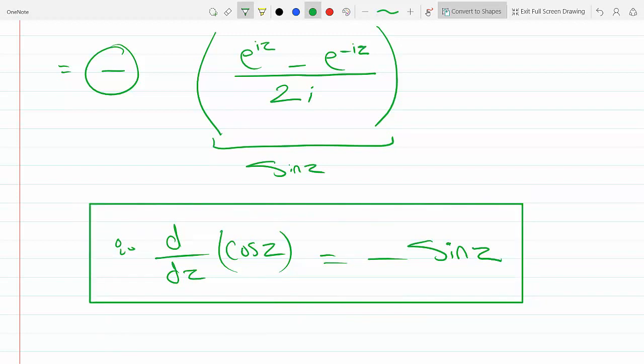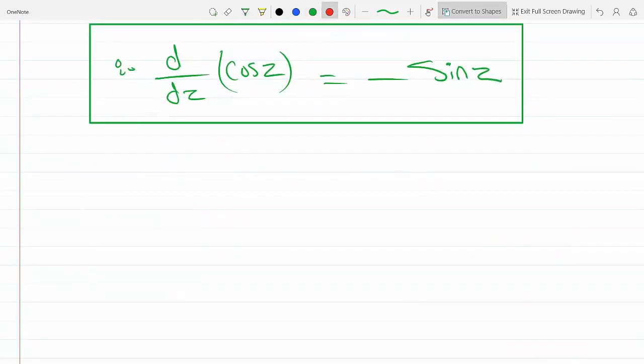And last but not least is to find the derivative of cotan. So let's do d over dz of cotan z.